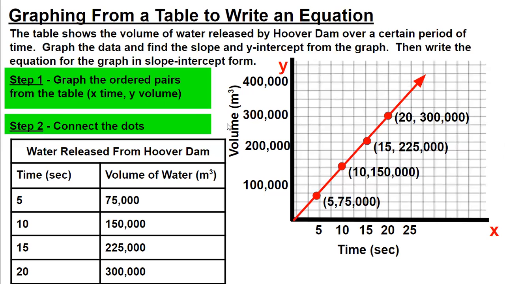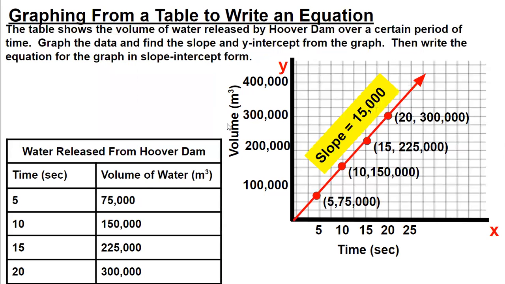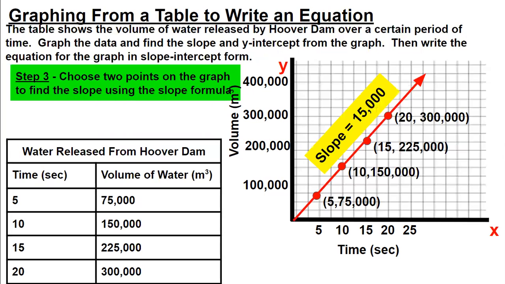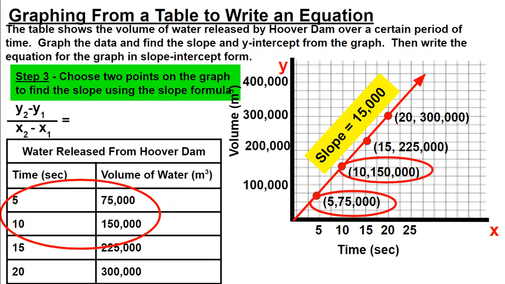So far, so good. Okay, step 3. Choose 2 points on the graph to find the slope using the slope formula. Well, our slope is there. I didn't mean for it to pop there ahead of time, but let's see how we get it. y2 minus y1 over x2 minus x1 is equal to, so I'm going to pick 2 points. You can either look at the table or the graph. So now I'm going to do my y points.